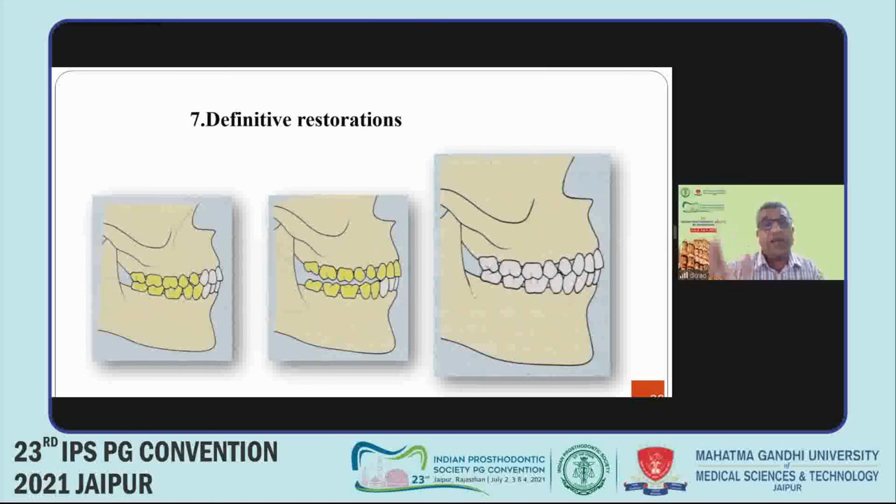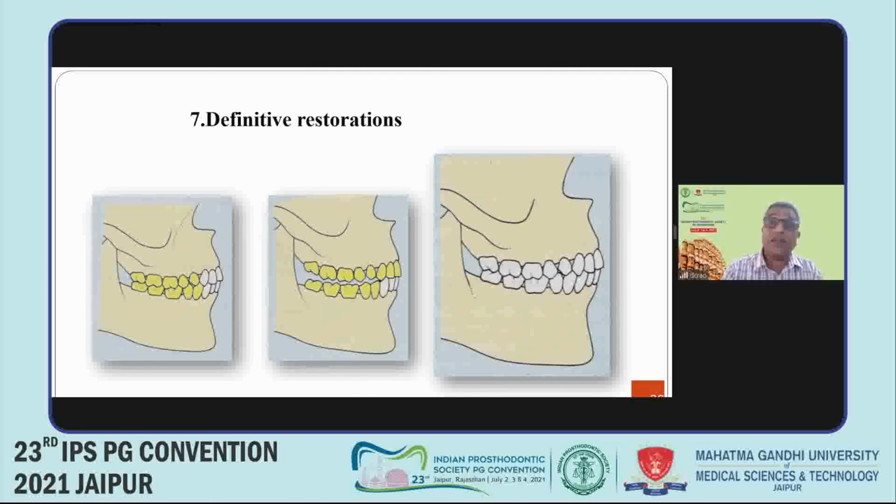Then, in order to be in confluence with the anterior guidance, you can go ahead with the posterior restoration. Either of them, but you should be maintaining the stability of the restorations in all these positions in order to deliver the forces properly and to protect the entire stomatognathic system.